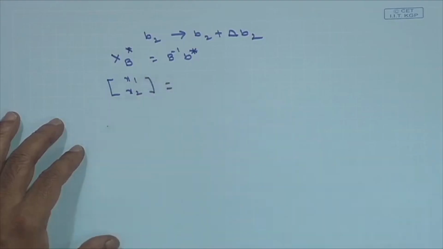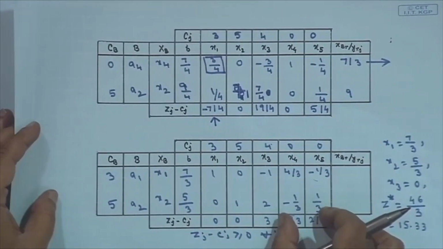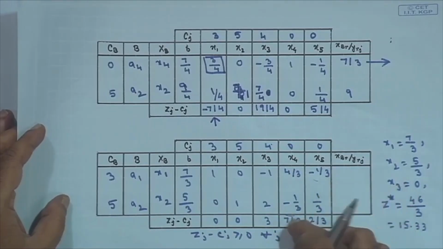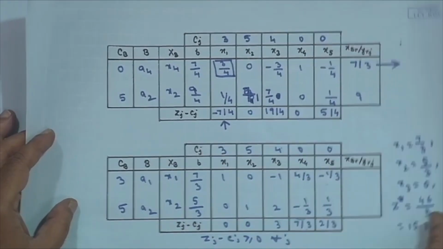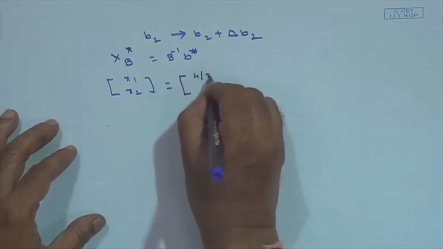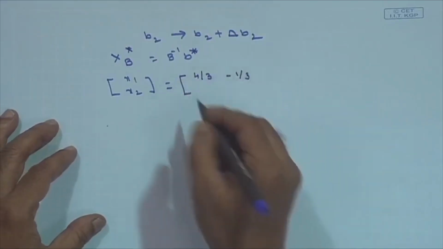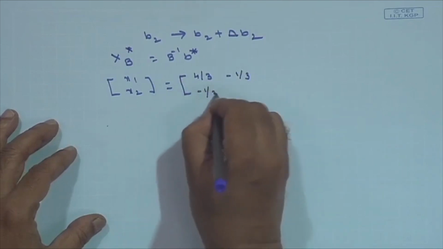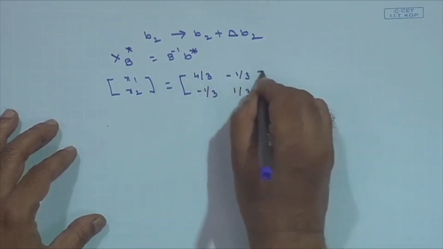This is equal to, again this one will come, 4 by 3 minus 1 by 3, minus 1 by 3 and 1 by 3, into the resource vector.